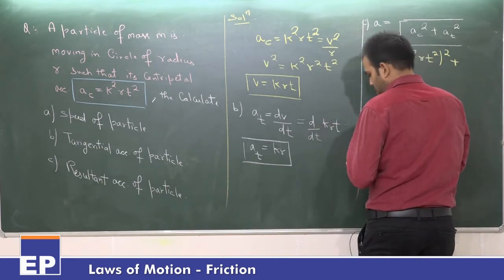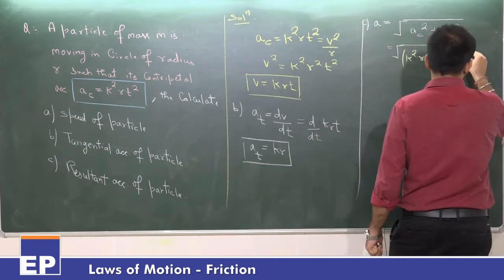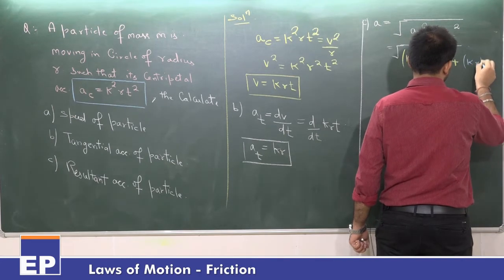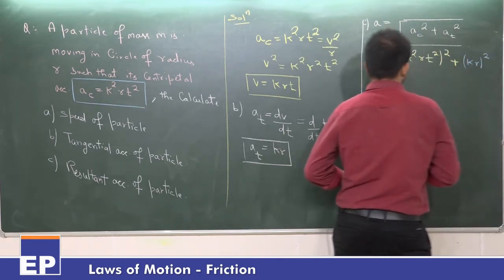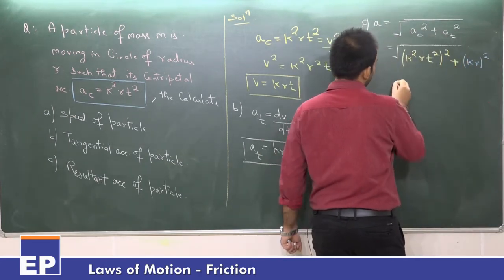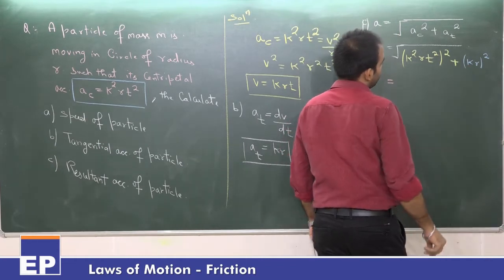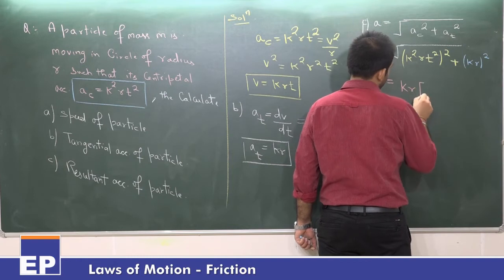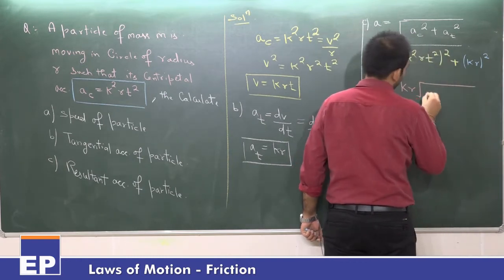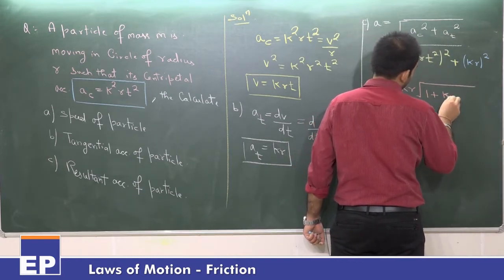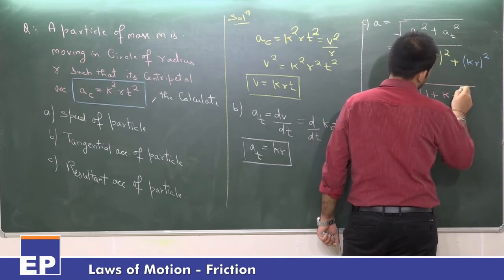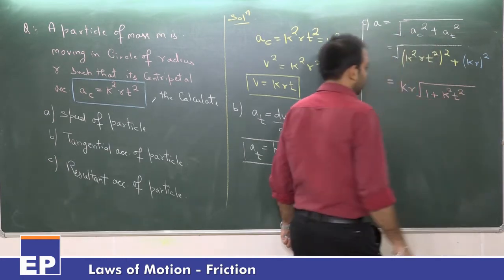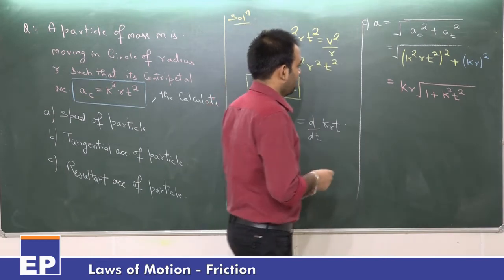And what is AT square? K into R whole square. Which will become what? K square into R square common will come. Inside it will remain 1 plus K square into T square. It is the value of A.